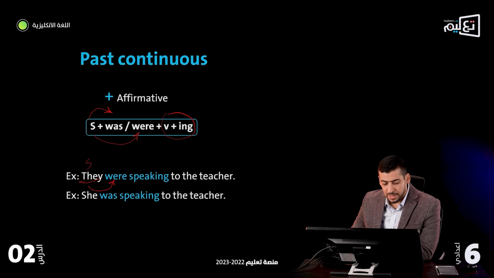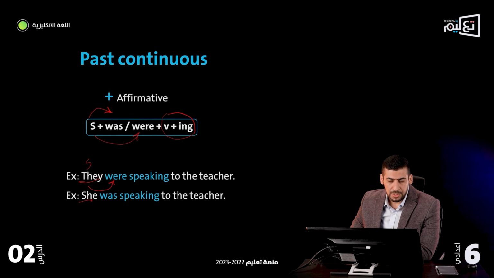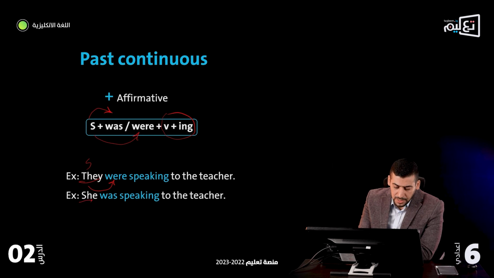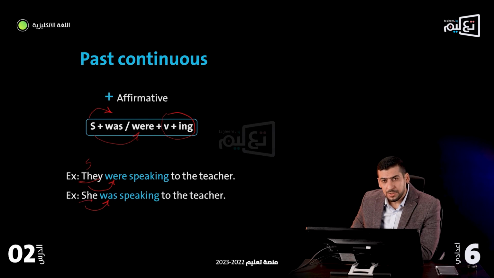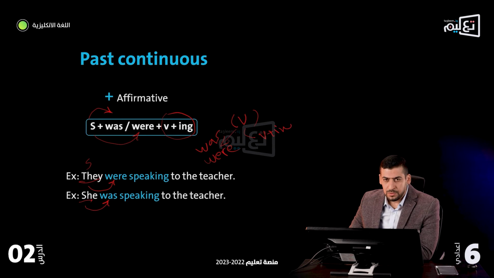You can notice here, my dear student, that the subject now is in a singular situation. So a singular situation must take was. So what you're going to do at exam time when you have this V in the brackets, the was or were is your responsibility to add according to the subject. Then the V over here, you need to add ing to it to have the right solution.